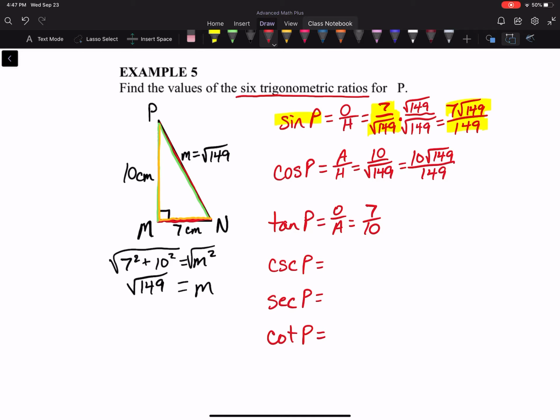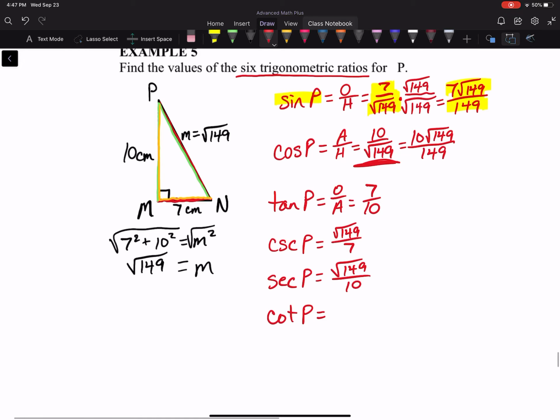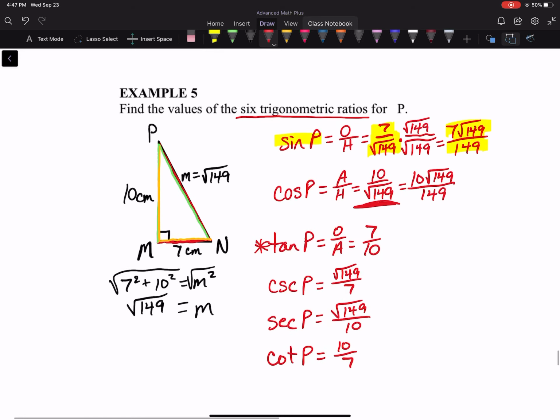So that will be the square root of 149 over 7. I'm going to do the same thing for secant. I'm going to flip the original answer we had. That's going to be square root of 149 over 10. And the reciprocal of 7 over 10 for cotangent. Again, I'm looking at tangent here. It is 10 over 7. And there you go. You have all 6 of them.